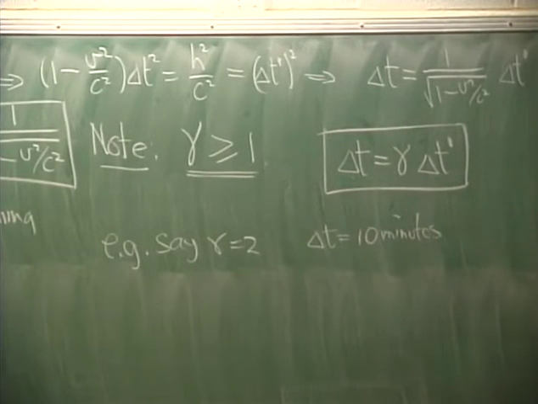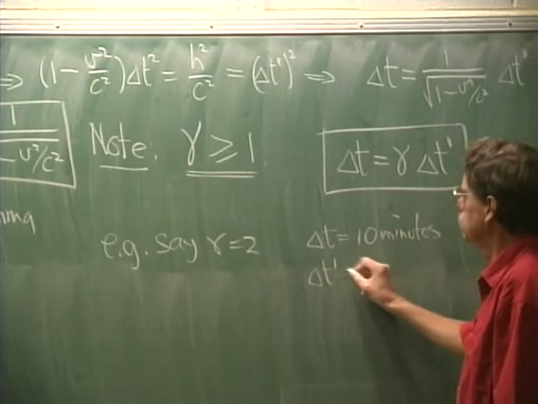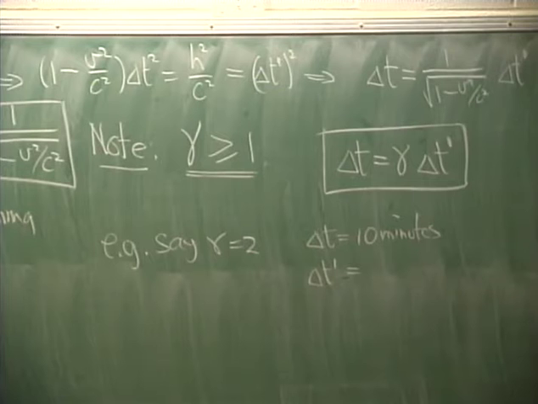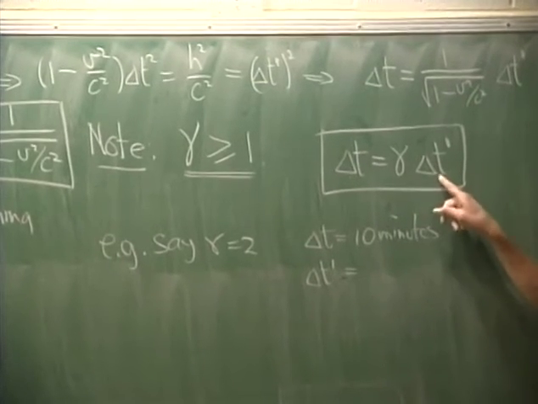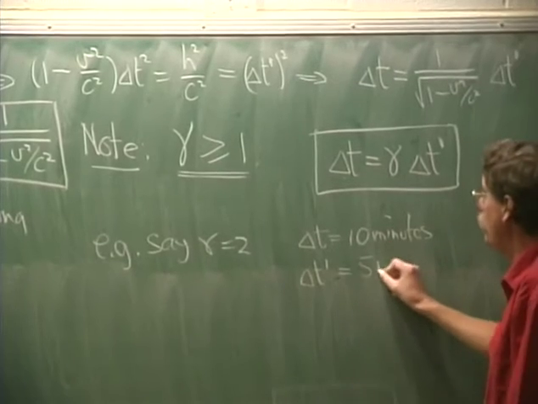Then what would delta t prime have been? It would be 5, isn't it? You've got to multiply the delta t prime by 2 to get 10, so this would evidently be 5 minutes.